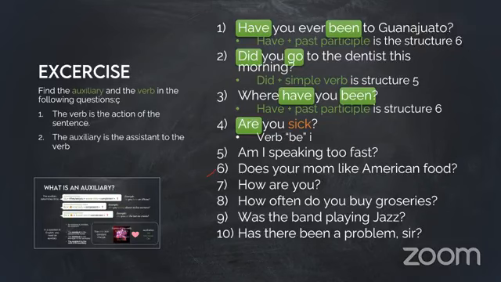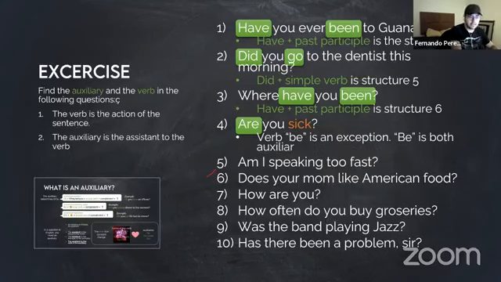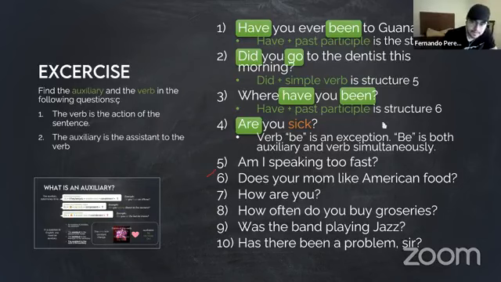is an exception. Verb be is both auxiliary and verb simultaneously. That's the reason verb be is so special, because the verb be has a double function.